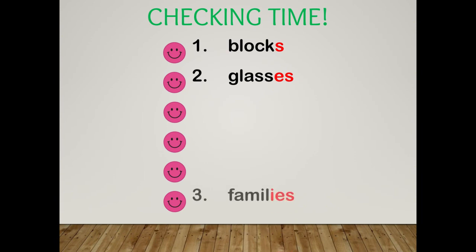Glasses. There is one family, or there are many families. It ended in a consonant that was followed by a Y. So I dropped the Y and I added IES.